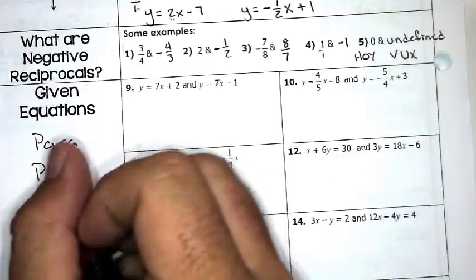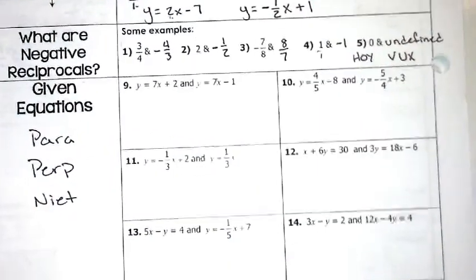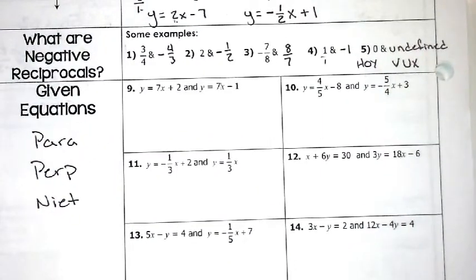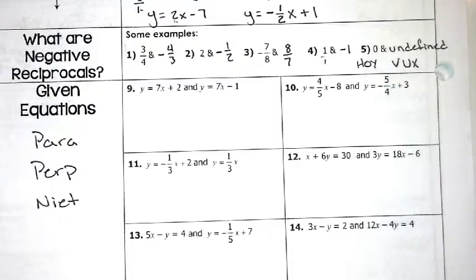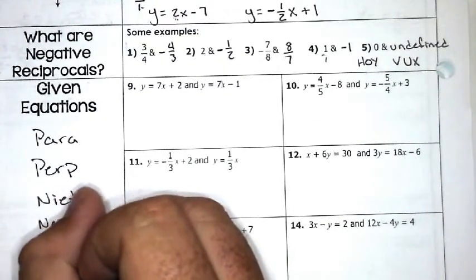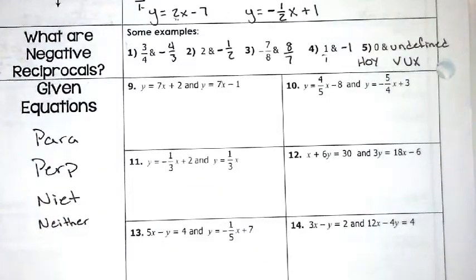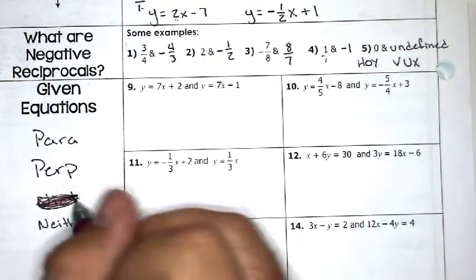Niet. Neither. Niet. No. However, the correct way to spell neither is like that. I changed my mind. We're not going to do niet. We're not going to do Russian.